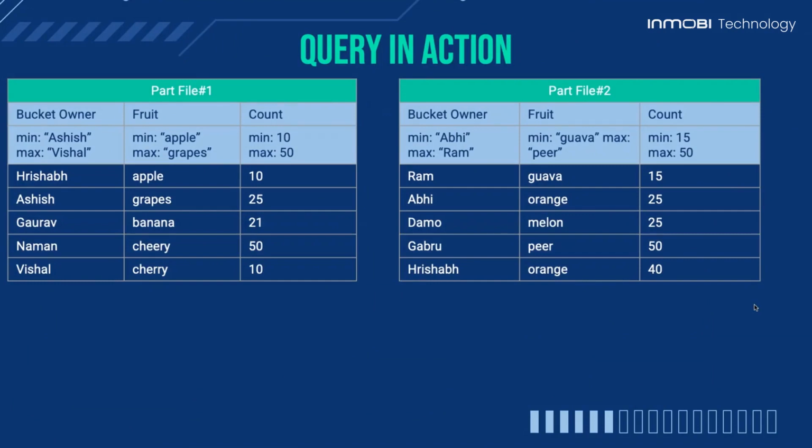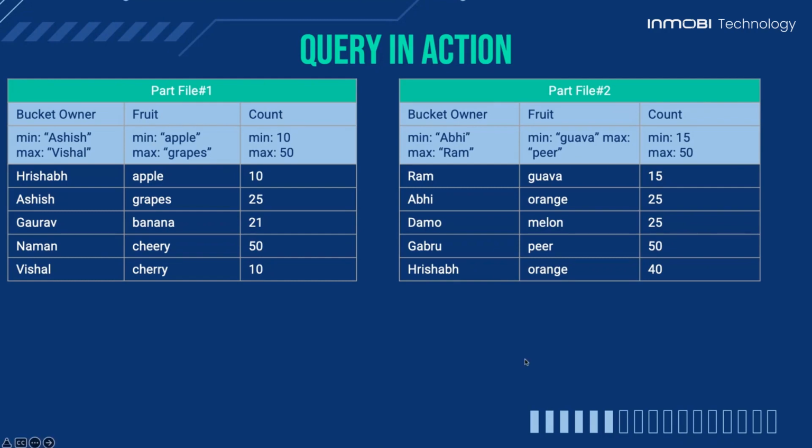Now, earlier also on the Parquet files, I was representing this same thing. Suppose there is one big file which was divided into two partitions, and there are three columns: bucket owner, fruit and count. You did the pre-processing and derived these stats, which are lying in your column format.